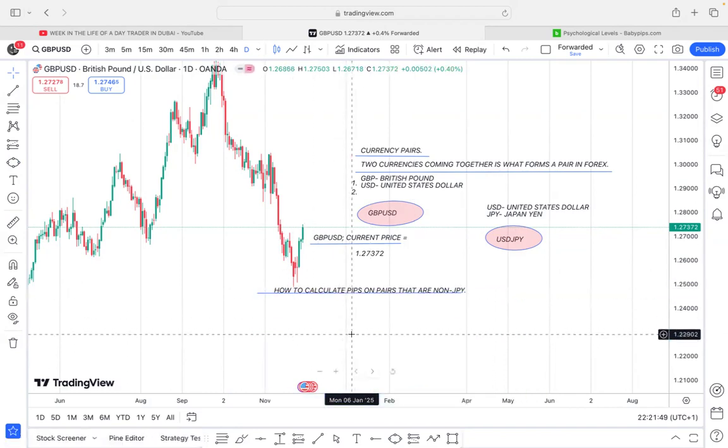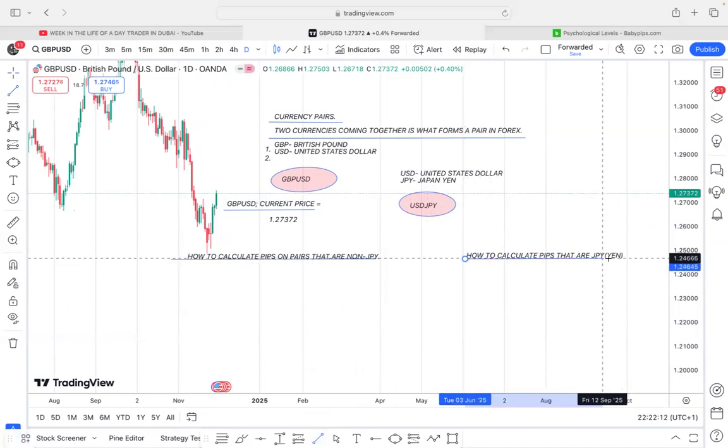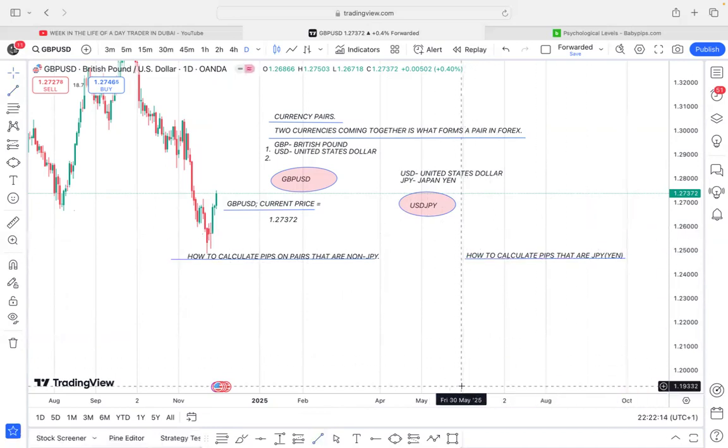So this is one, and this is two: how to calculate pips that are JPY, meaning that they are yen. You have to have an idea of how to calculate them, so that you can properly figure out your psychological levels.